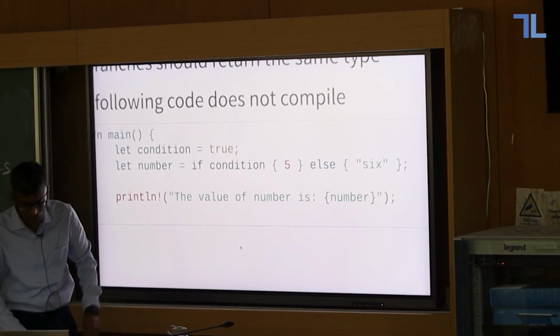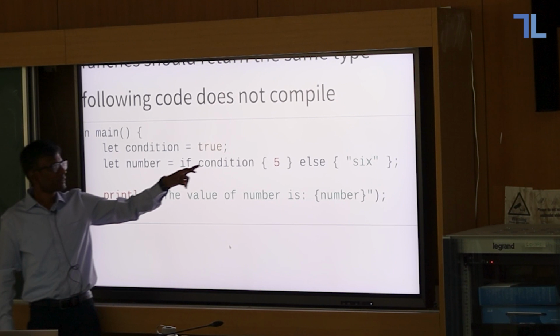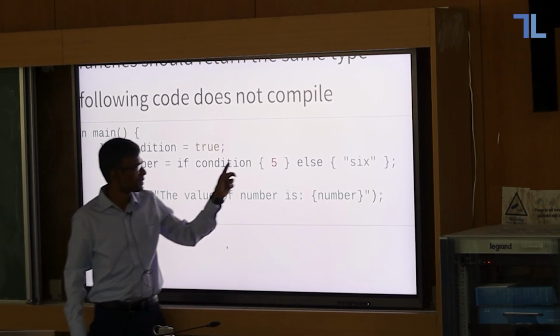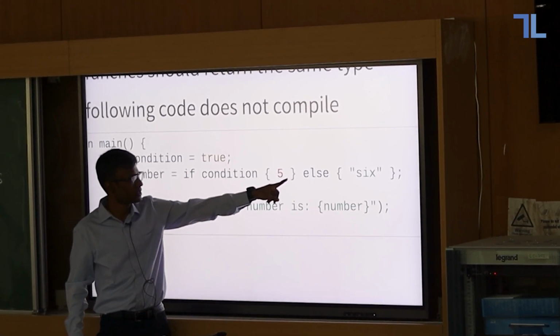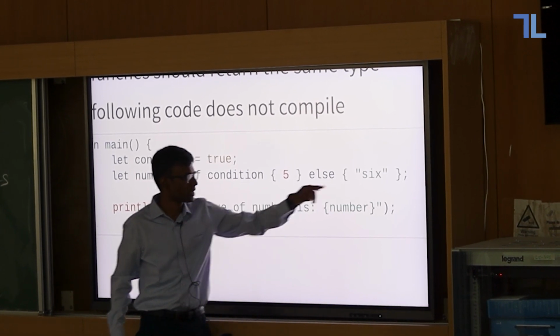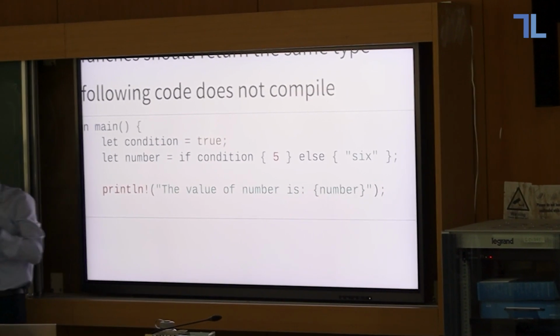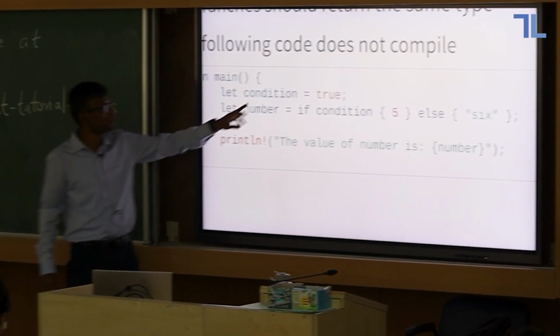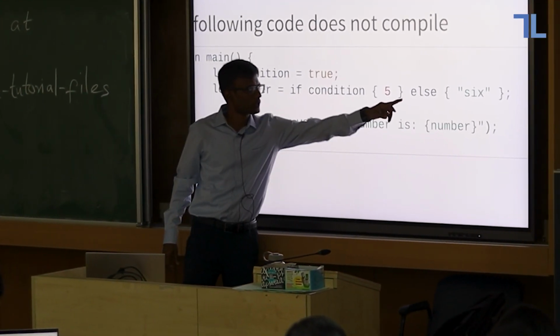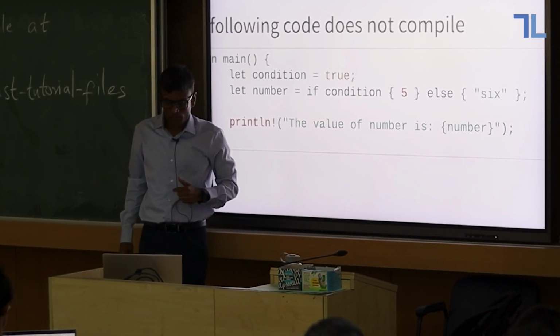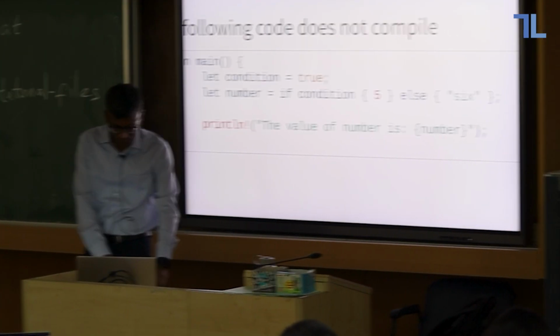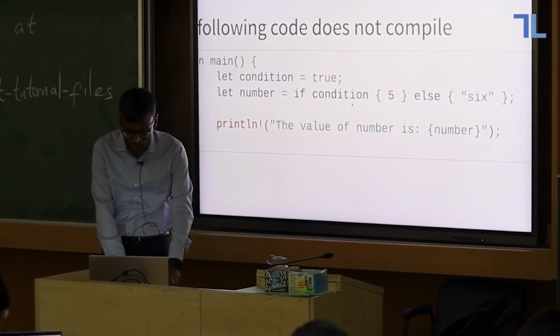If the condition is true, it is returning an integer. If the condition is false, it is returning a string. In this case, the compiler cannot figure out what the type of number should be, so this code will not compile. All the branches in this if-let statement should return the same type.